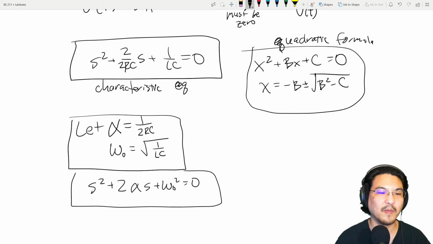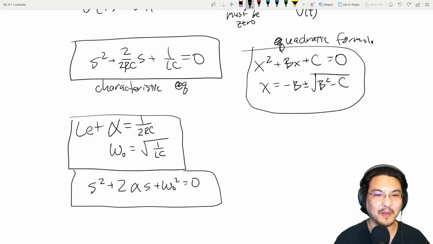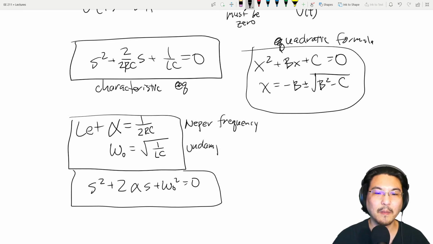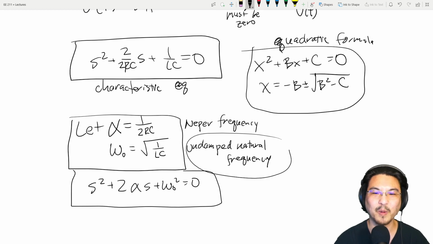Alpha is something called the Neper frequency. And omega naught is called the undamped natural frequency, sometimes called the undamped radian frequency. This is a more precise definition of it.